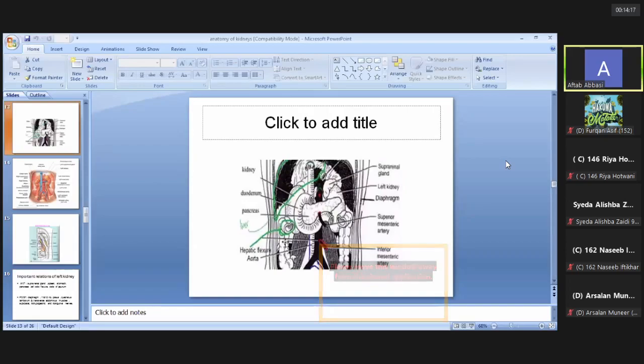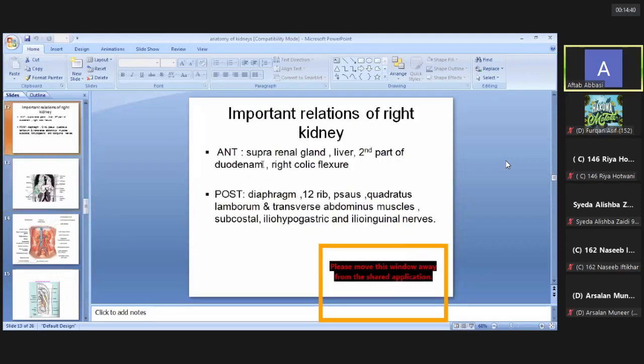That is the part of the large intestine where the ascending colon continues with the transverse colon and forms a flexure or turn known as the right colic flexure. Because it is related to the liver, it is also known as the hepatic flexure. So these are the four relations of the right kidney: the suprarenal gland, liver, second part of duodenum, and right colic flexure.